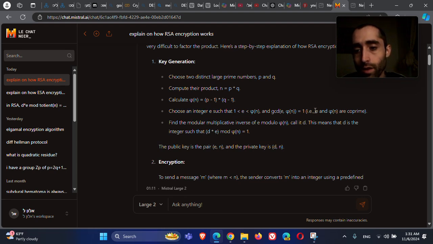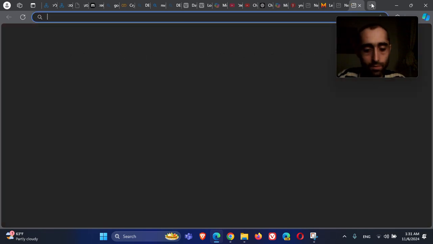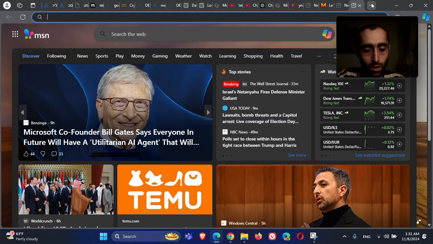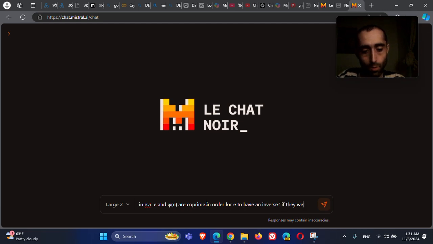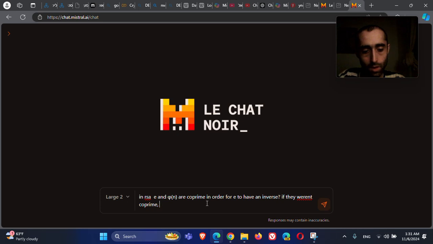Now, why do we need e and the totient to be coprime? I think we need it in order for e to have an inverse. In RSA, in order for e to have an inverse; if they weren't coprime, e would not have an inverse modulo the totient of n.